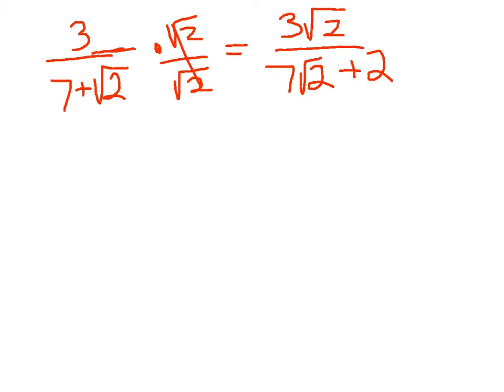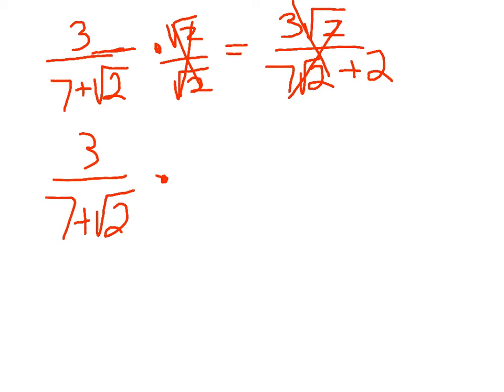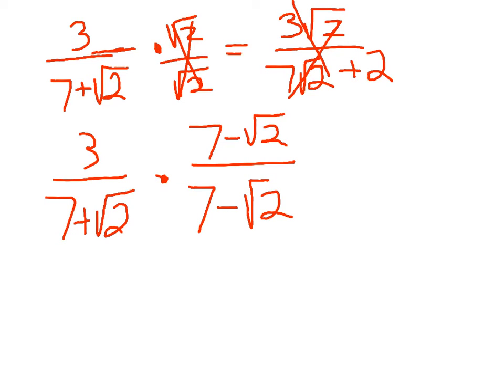So instead of doing that, what I need to do is use this trick. I need to flip the sign and multiply top and bottom by the same thing. What does that do for me?